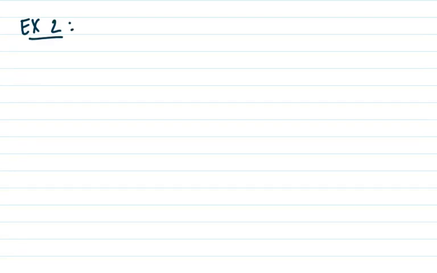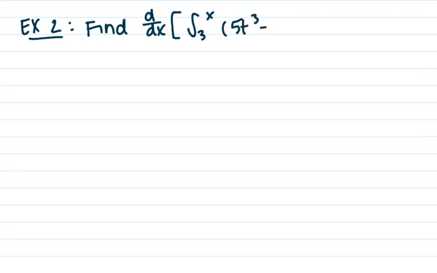All right. So this one I'm going to say find the derivative with respect to x of the integral from 3 to x of 5t cubed minus 4t plus 1 dt.